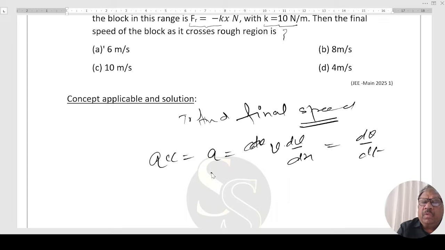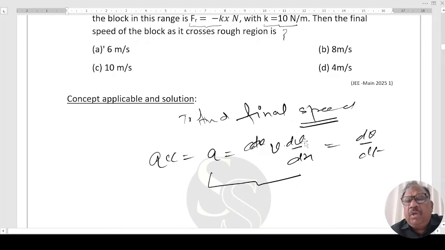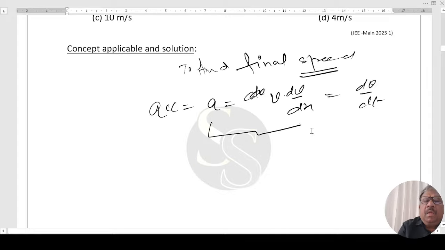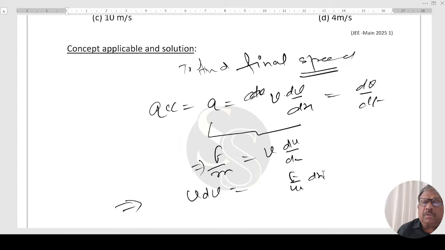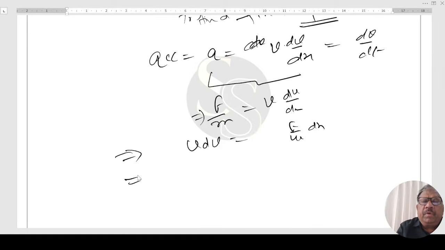In this case, we will use this expression because the v dv integration concept will be there. a will be equal to f by m equal to v dv by dx. Then v dv equal to f by m dx.